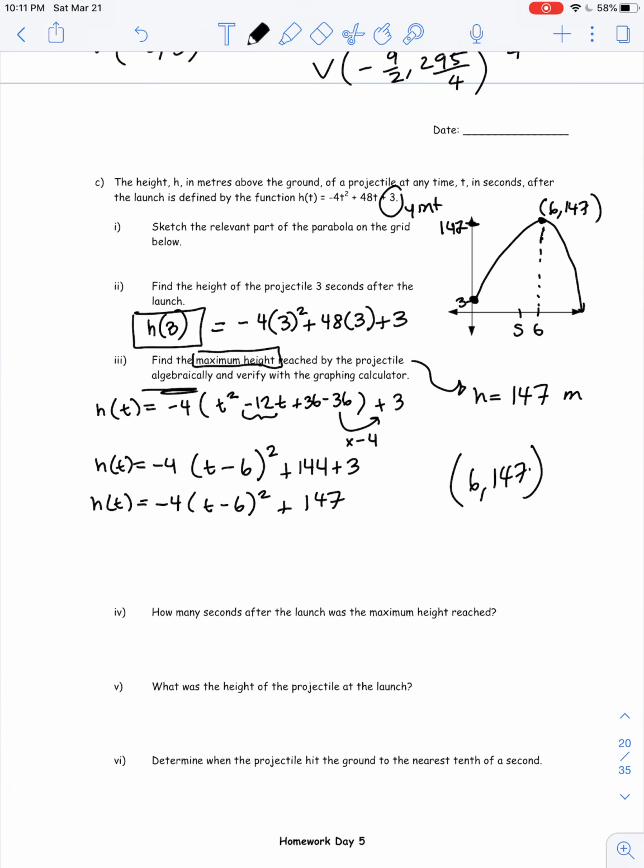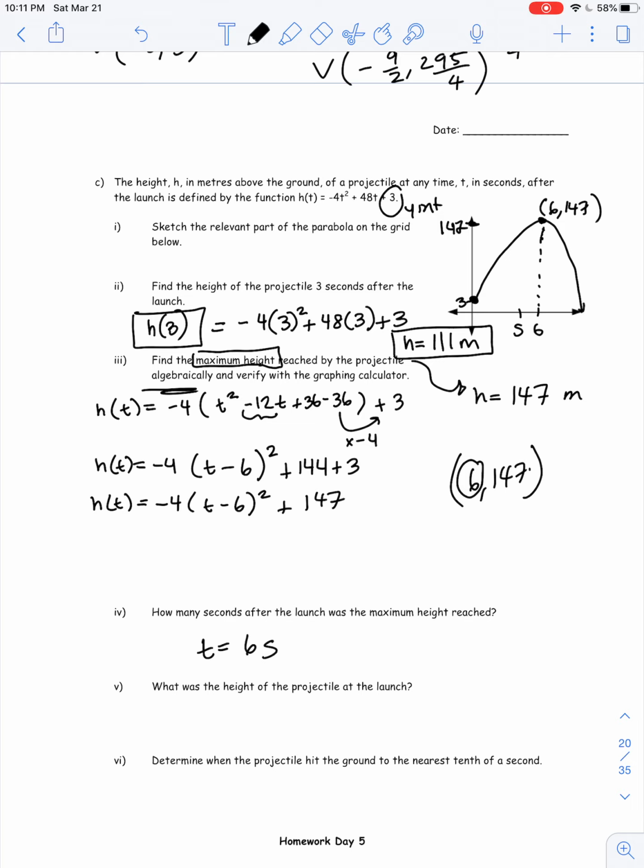So we know that our height is going to be 111 meters after 3 seconds. How many seconds after launch was the maximum height reached? That was the x-coordinate of your vertex, so you can say at 6 seconds. When t is equal to 6 seconds, that's when it will reach its maximum height.